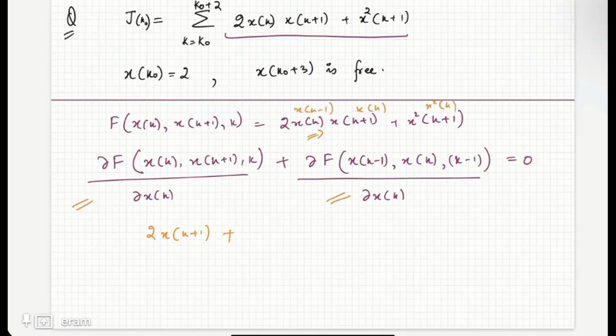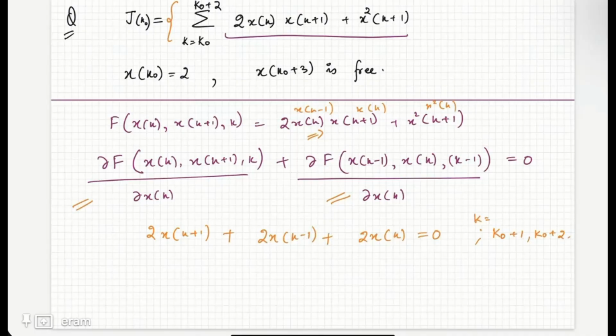So the partial derivative with respect to xk will be 2 times of xk minus 1 and 2 times of x of k. This should be 0 for k equals k naught plus 1 and k naught plus 2, because this is where the cost function is defined.